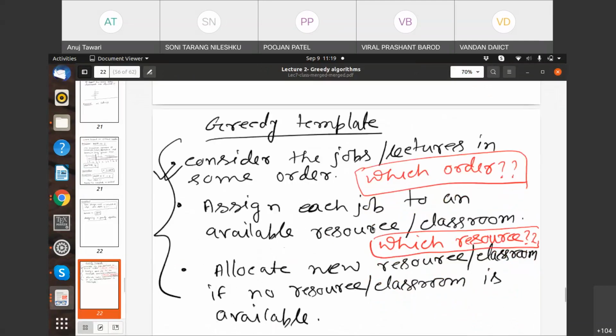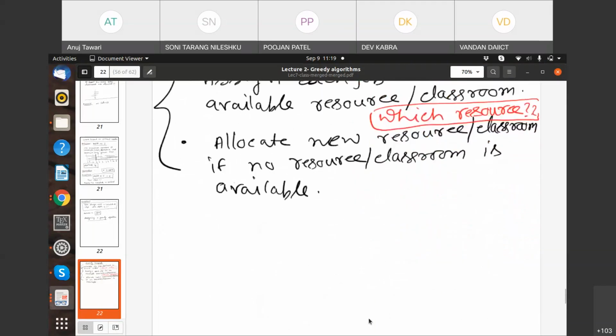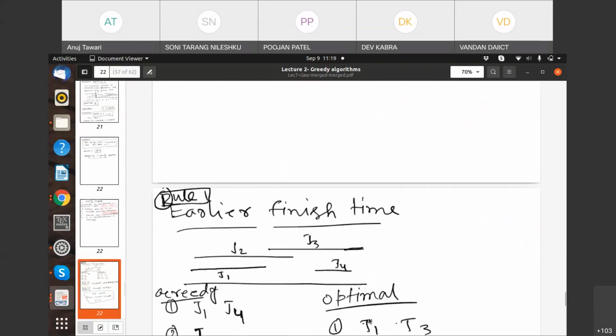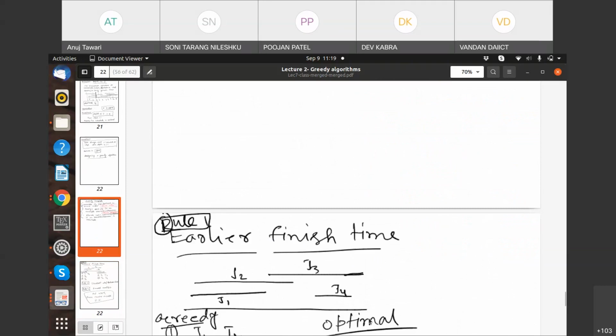So we'll use this greedy template, which is to consider the jobs or lectures in some order, which we want to fix, and assign each job to an available classroom. We then allocate a new classroom if no other classroom is available. So one idea is to look at the finish times.